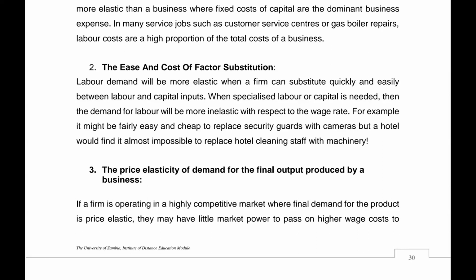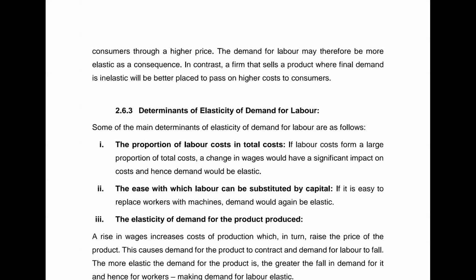For example, if a firm is operating in a highly competitive market where the final demand for the product is price elastic, then they will have little market power to pass on higher wage costs to consumers through a higher price. So the demand for labor may therefore be more elastic as a consequence. The higher the elasticity of demand of the product you're producing, the more elastic the demand for labor associated with that commodity becomes.